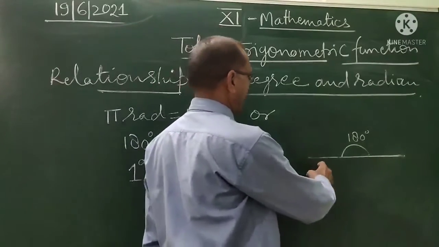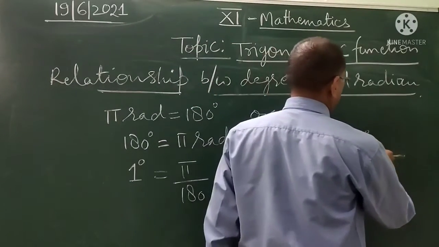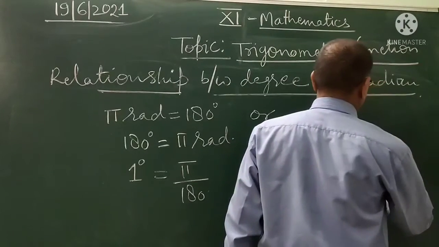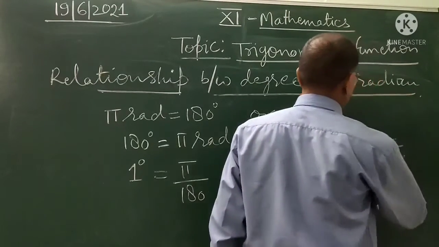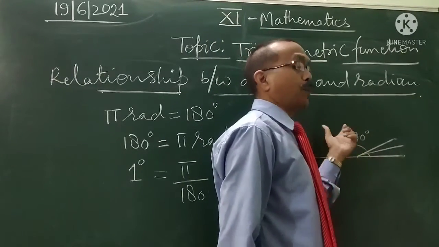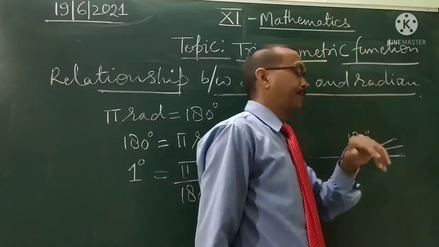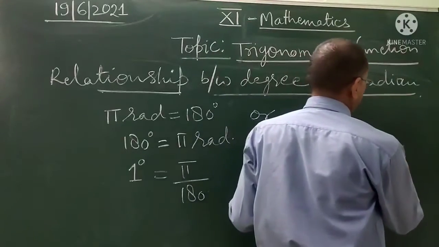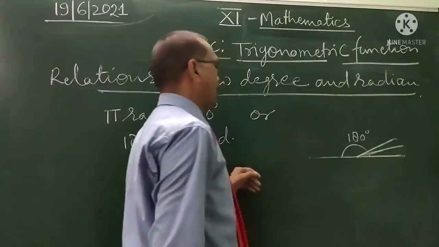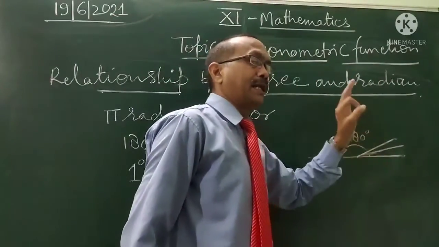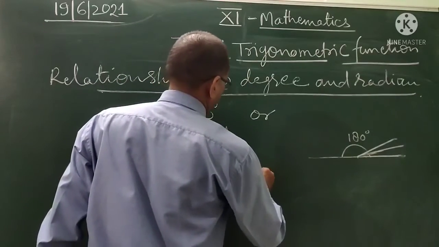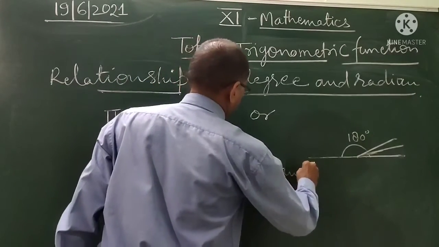If we divide this 180 degree into 180 parts, then 1 degree is a very small angle.